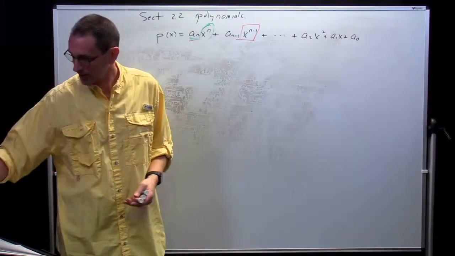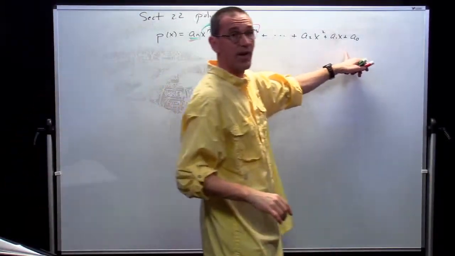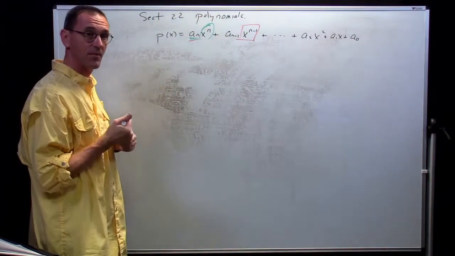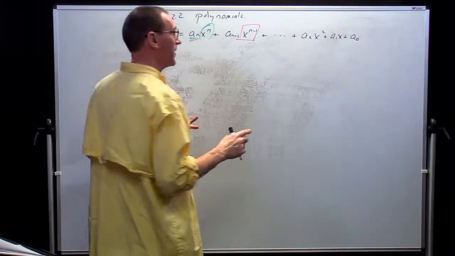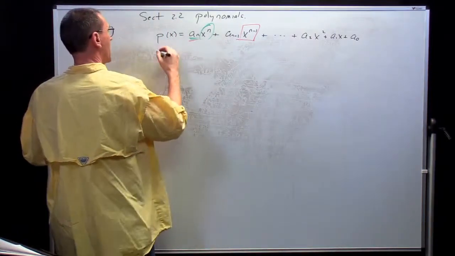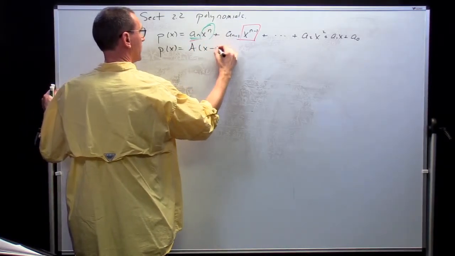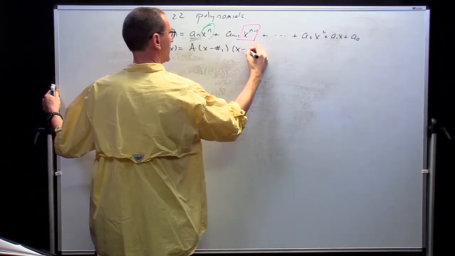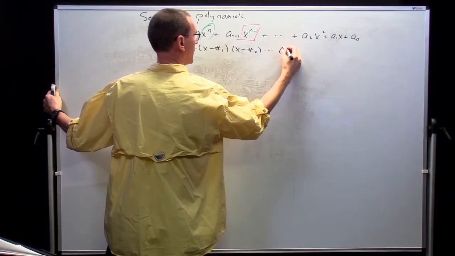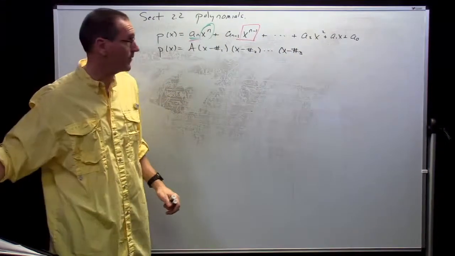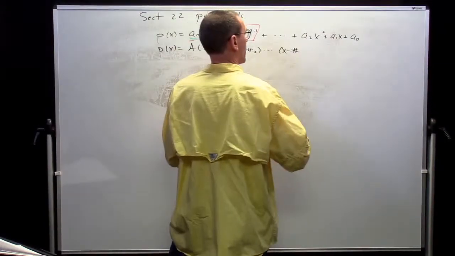Okay. I can basically write this out in terms of factors. Okay. There's some exception to this if I have what's called a double root, but I'm not going to get too much into that. Let's just assume for now I can factor this thing out into some form.